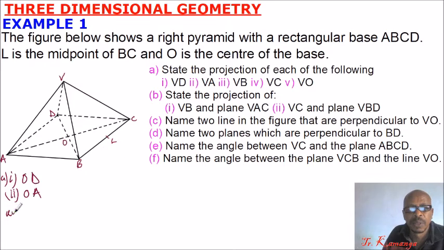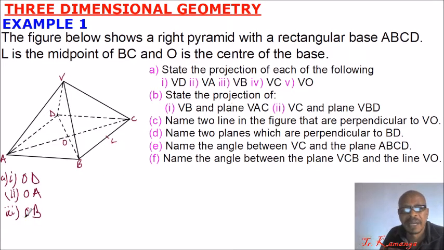We move to Roman number 3, and we say the projection of VB. Where is our VB? This is our VB. So the projection is where this line will fall, it will fall on OB. So the projection of VB is actually OB.